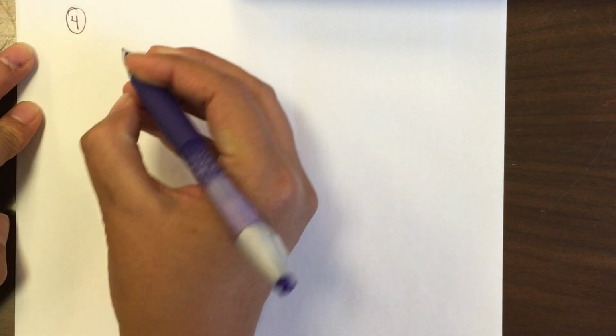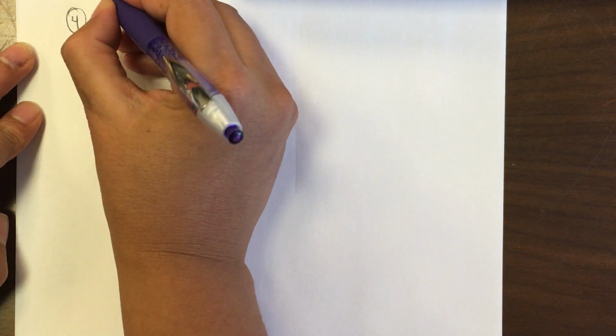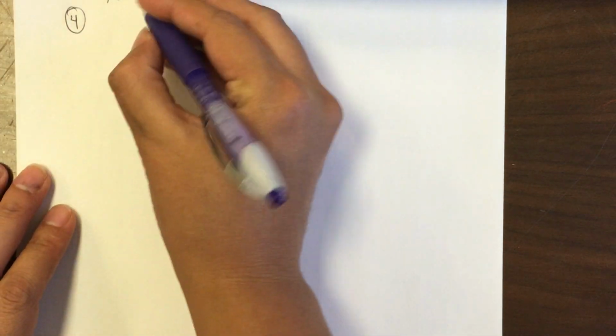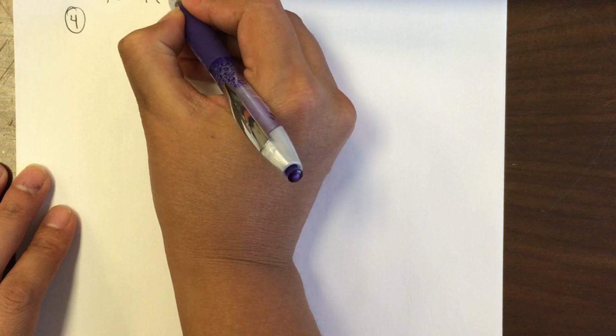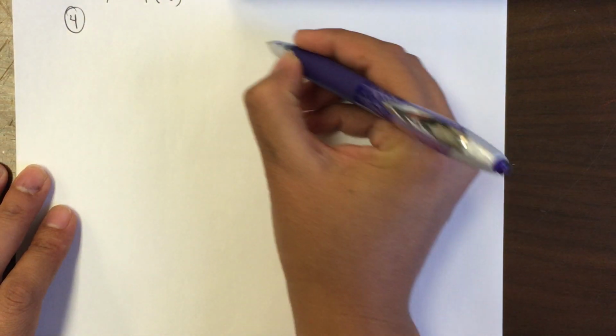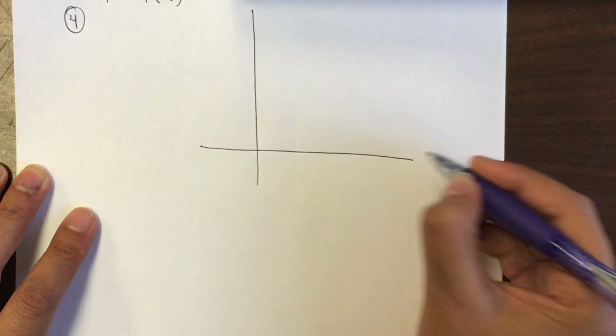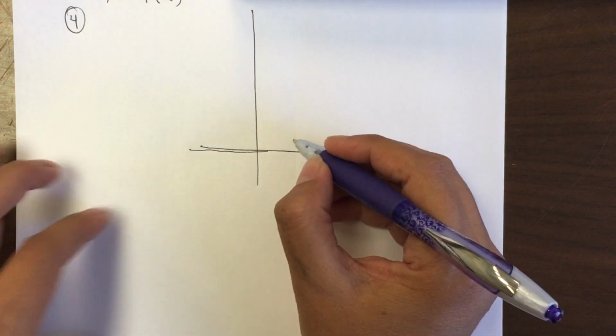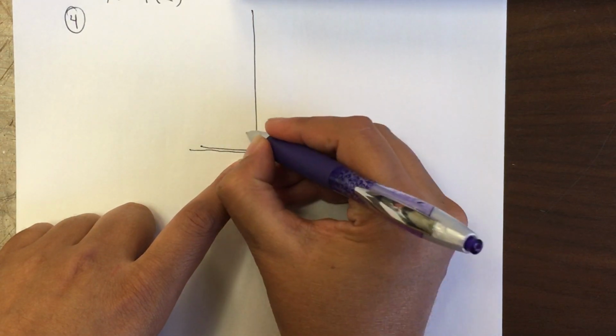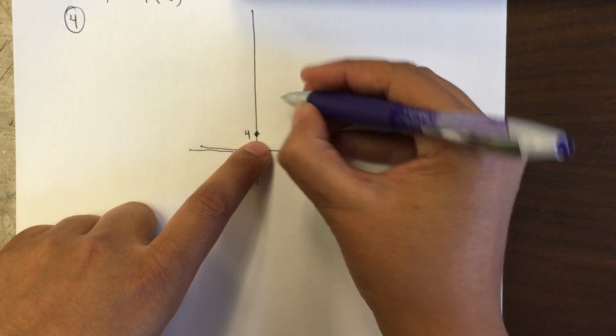Okay. I'm gonna draw again. Well, let me draw the first one that we had, which is kind of like the base that we have. Again, we start at 4, which is my initial point.